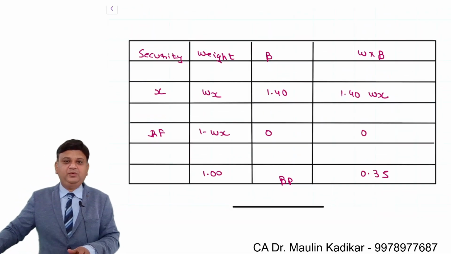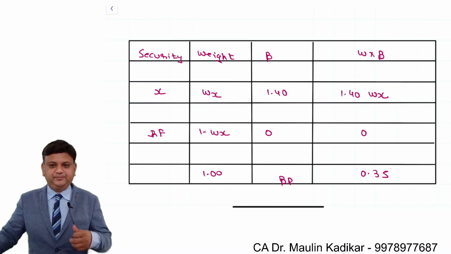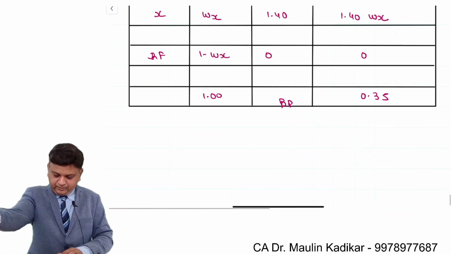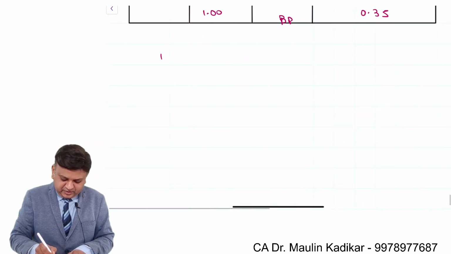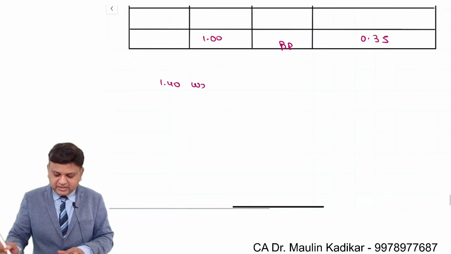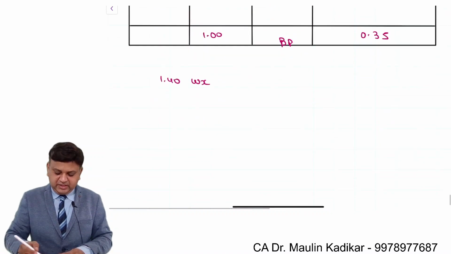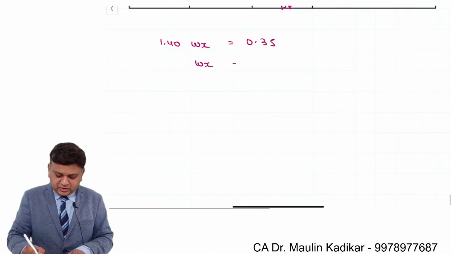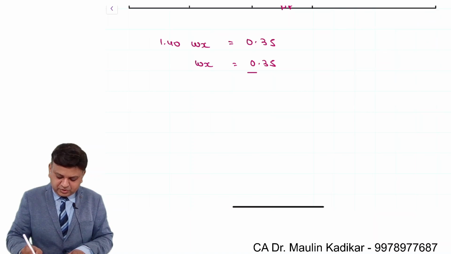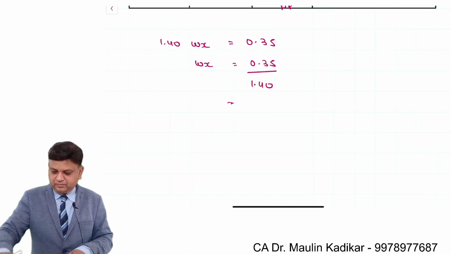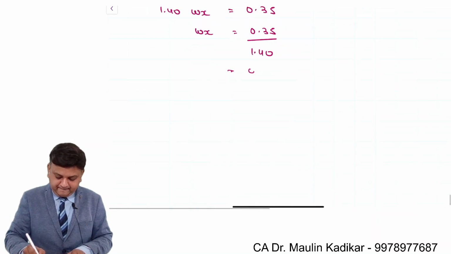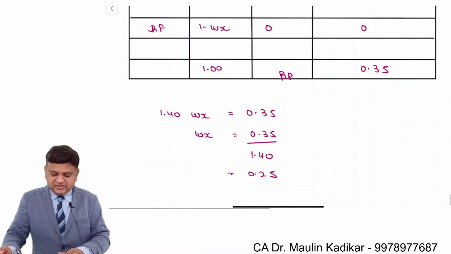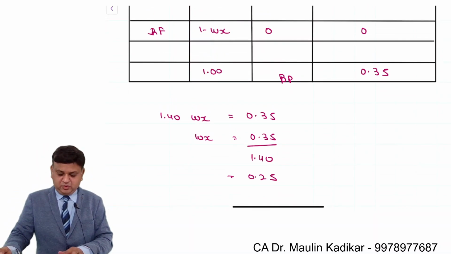So now Wx will be calculated as a balancing figure. 1.4 Wx plus 0 is equal to 0.35. So weight of X is equal to 0.35 divided by 1.40. So the answer is 0.25. That is the way the weight of X is calculated.